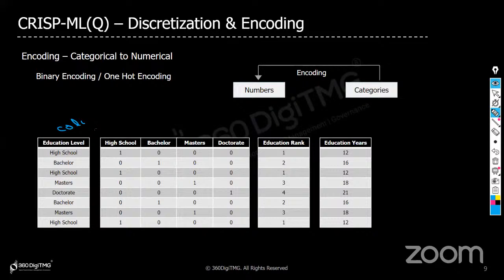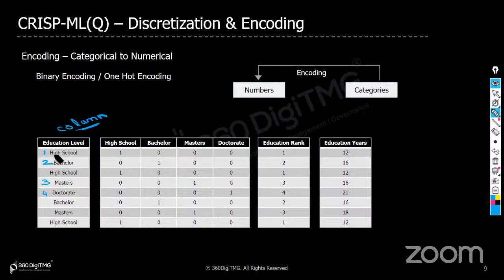When you observe our column, there are 4 different categories present. One is high school, second one is bachelor, third one is master's, and doctorate. There is nothing new. When we are converting categorical into numerical, all of these categories become individual columns. So now high school, bachelor, master's, and doctorate.